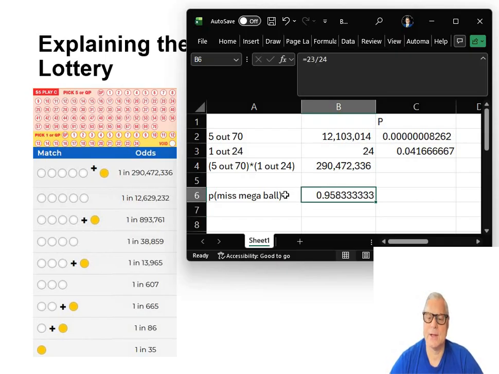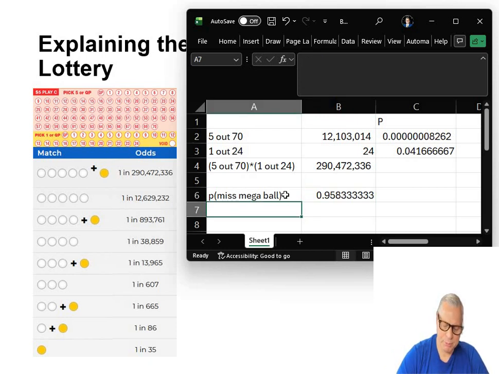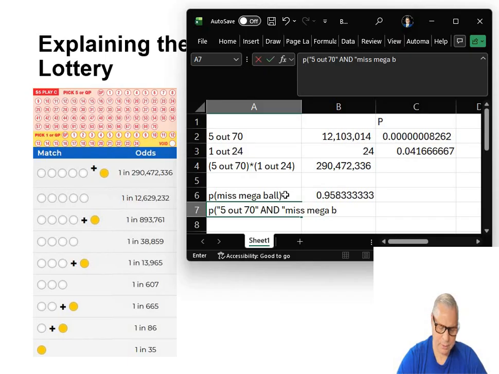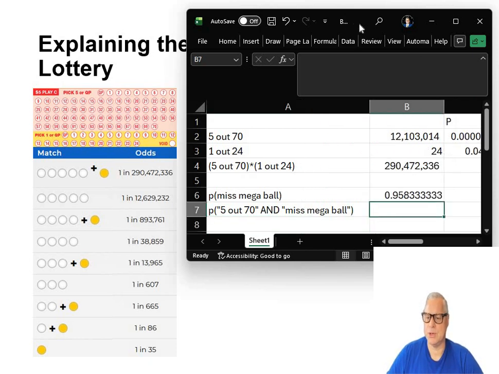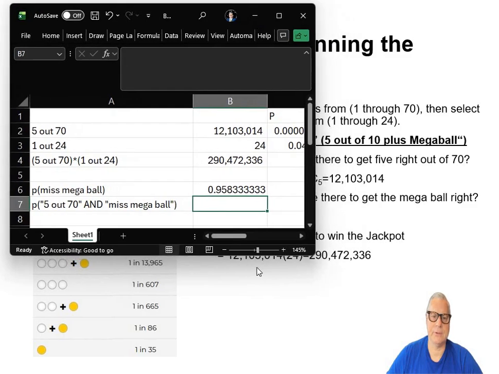So now we can also calculate the probability that you get 5 out of 70 and miss the Mega Ball. Yeah, that's a little bit more intuitive.